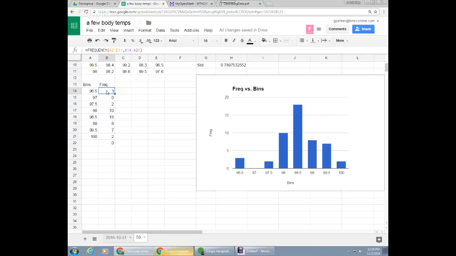Because what this 3 means is that there are 3 temperatures 96.5 or less. Here, this tells me there were 2 temperatures that were higher than 97 but lower than 97.5. So even points wouldn't help here. I need another column for human readable bins. Remember we talked about that the other day?